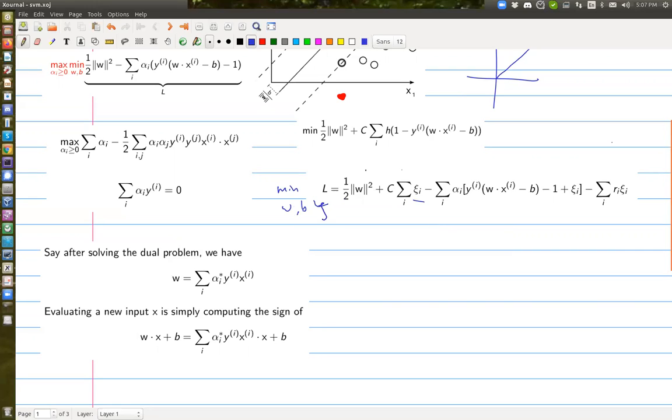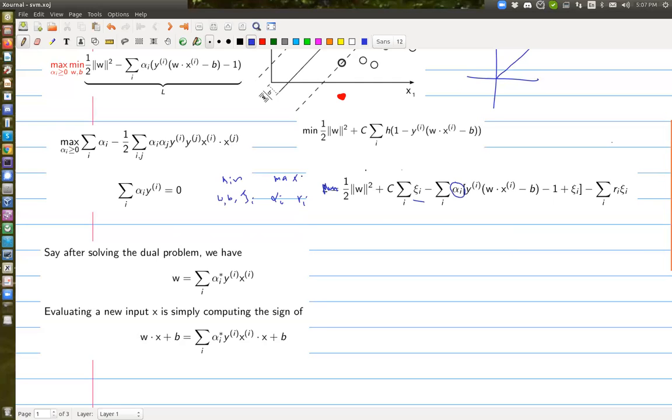Ci is the original variable, but I also have these additional Lagrange multipliers, alpha i and Ri. As last time, we minimize over the original W, B, and Ci, and then I have a minimax problem, maximizing over alpha i and Ri.